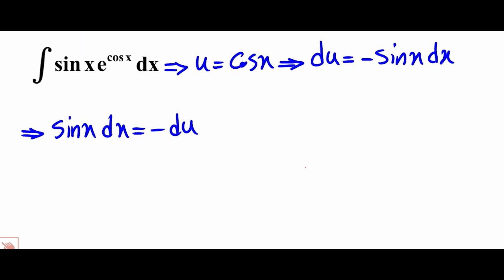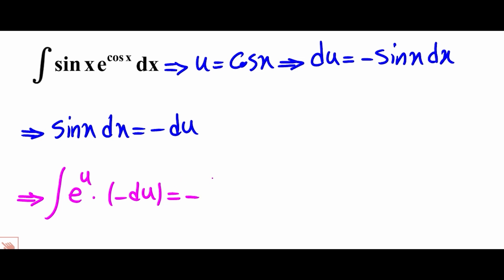So we have the integral of e to the cosine of x, which is e to the u, times sine of x dx, which equals negative du, and we can take the minus sign out of the integral.